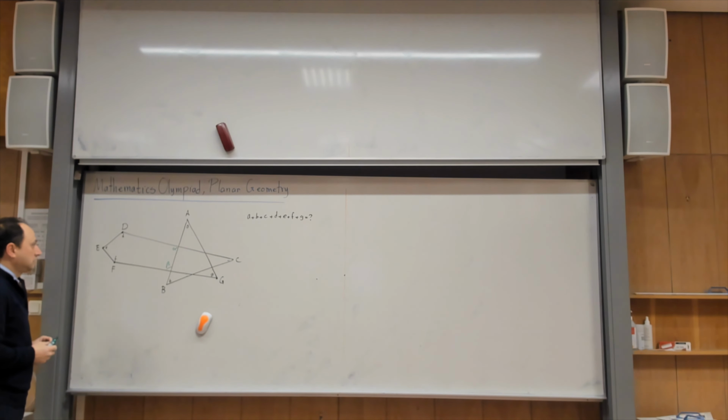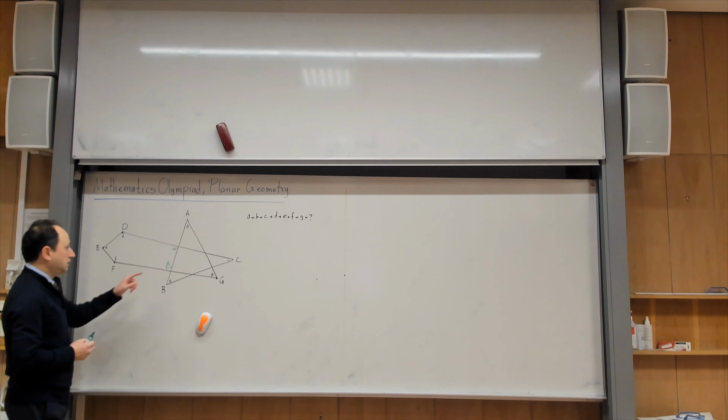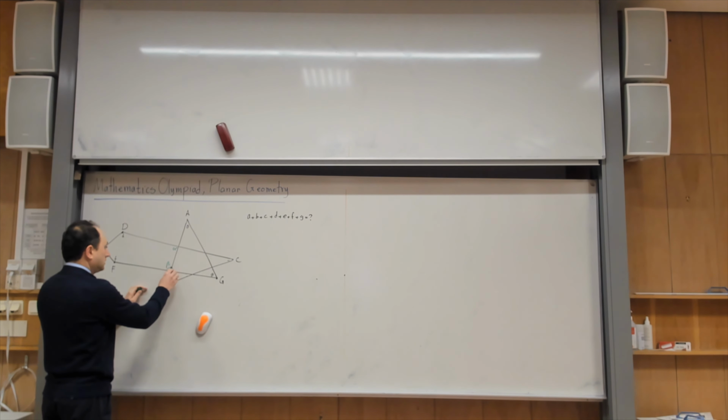Since alpha and beta are exterior angles, beta is an exterior angle of AG and the intersection point. So you mean that beta is the exterior angle to this one, yes? Yes, that's right.